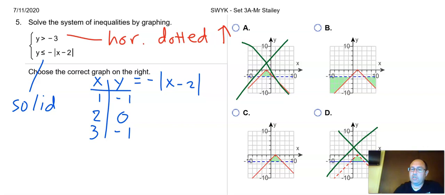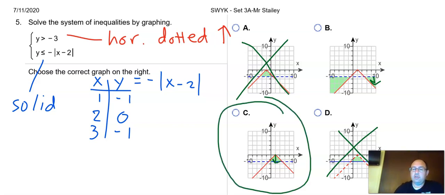They're both solid. Shading down would be this one, right? Ooh, no. Oh, yeah, I got tricked up there. Solid shading down would be this one. Yeah, there's your answer right there. So the V shaded down, but the dotted line shaded up. Okay, sorry for the extra time there.